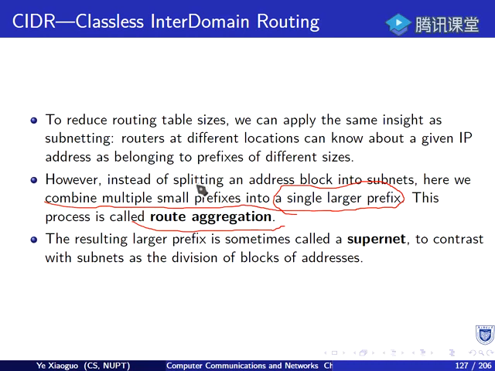The number of routing table entries can decrease. The resulting larger prefix is sometimes called a supernet, to contrast with subnets as divisions of blocks of addresses.